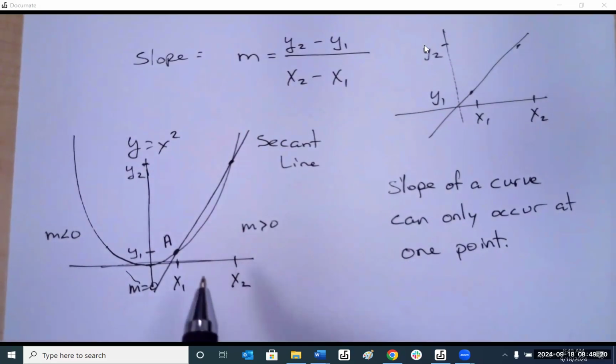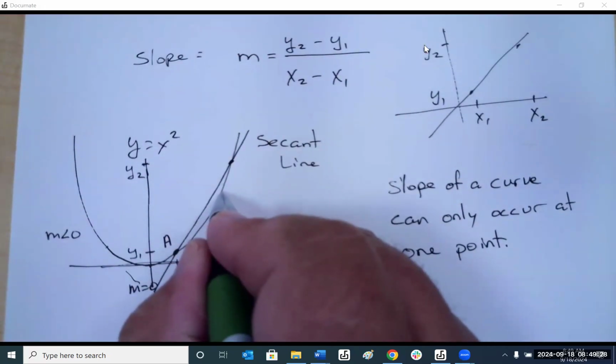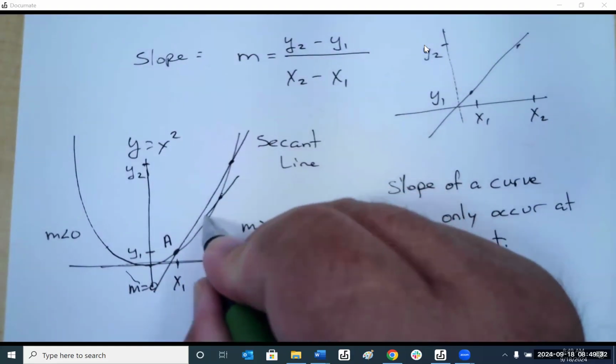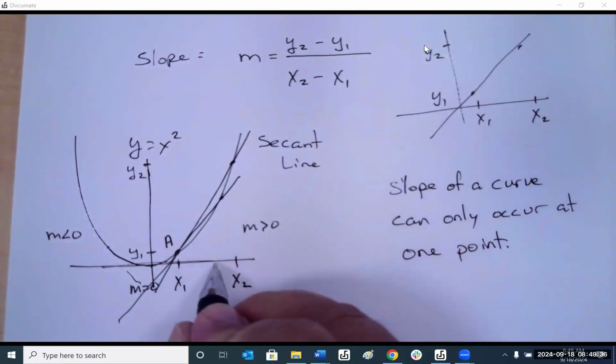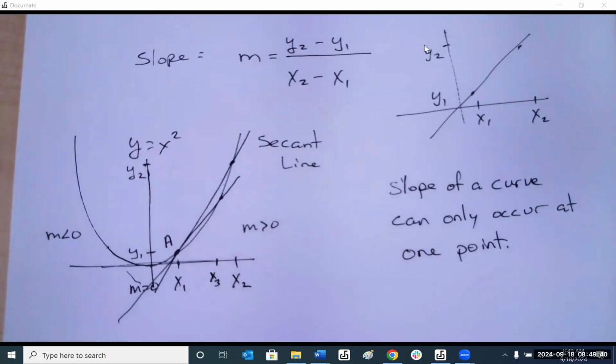I can still use this concept, but I have to move these points closer. So now as I move these points closer, I'm getting a better picture of what my slope is.